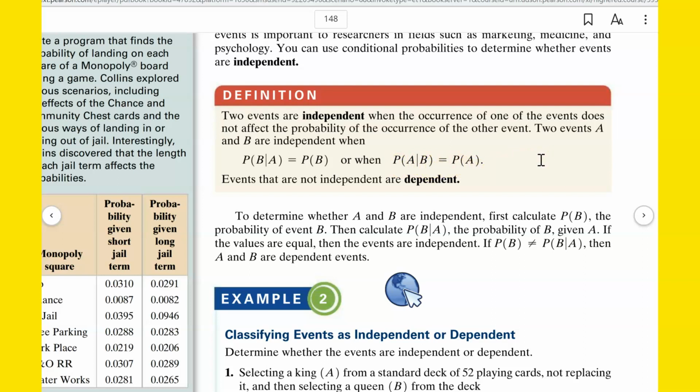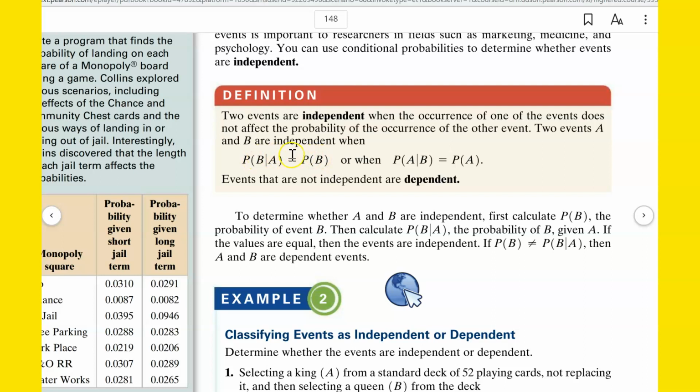So let me give an example of that. What's the probability that you roll a 3 given that you just flipped and got heads? Well, it's still 3 out of 6, because flipping and getting heads doesn't affect the probability that you roll a 3. So the probability of 3 given heads equals the probability of 3 in general.